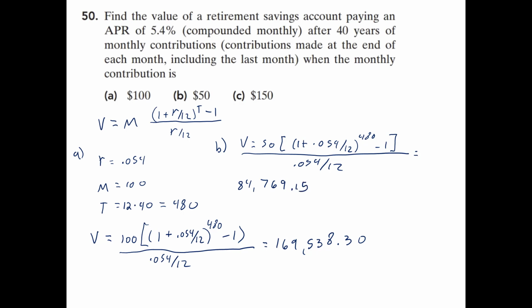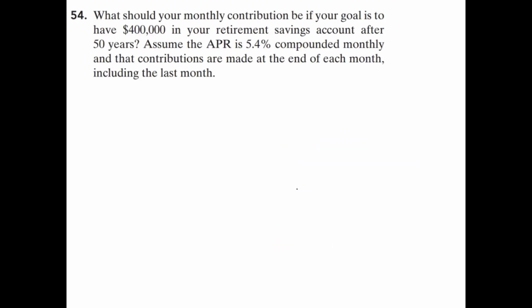I won't do part C. There's no room, and it's just a matter of changing that M from 50 to 150. So we'll move on. Okay, so now that we have a formula and we know how to use it, we could look for other things. All we've been looking for is the final value, but we want to do some planning, right?